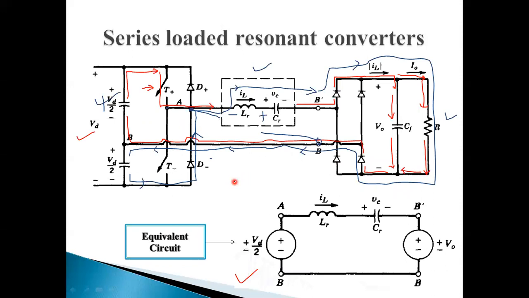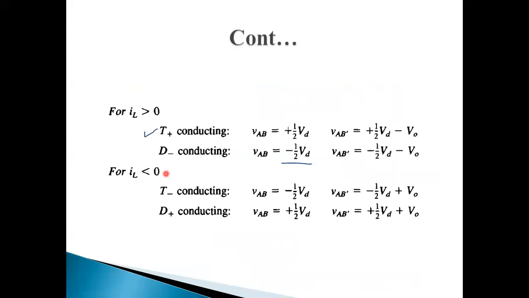After that, if you give the signal to T minus, then T minus is conducting. Considering the current flow, you will get VAB equal to minus 1 by 2 VD, and similarly VAB dash equal to minus 1 by 2 VD plus V0.